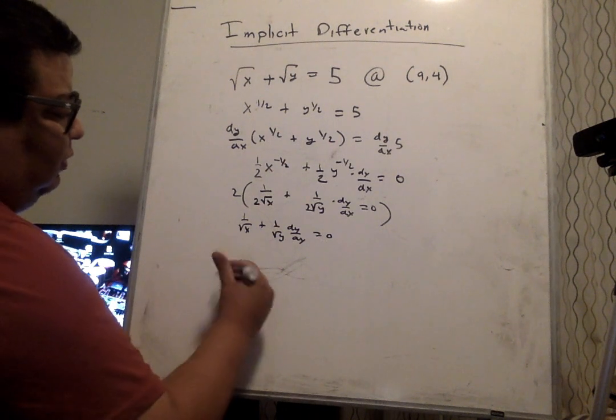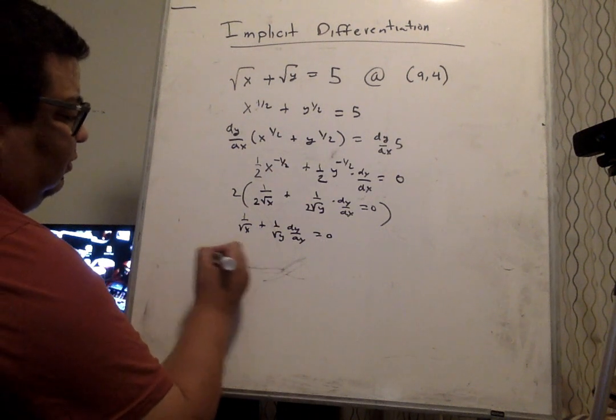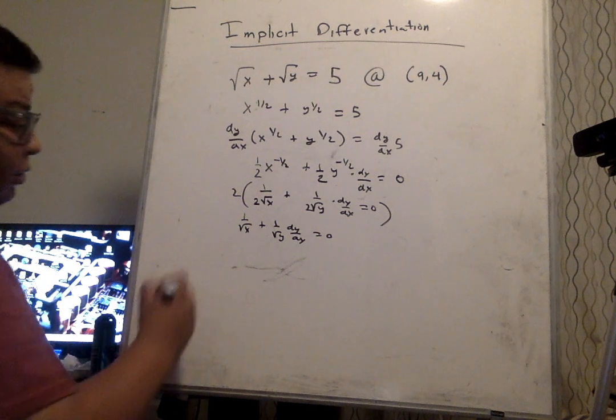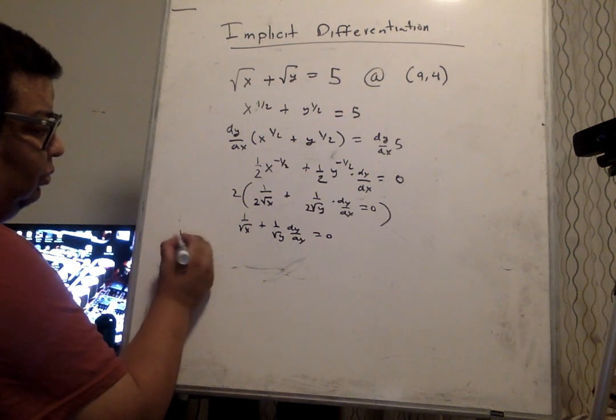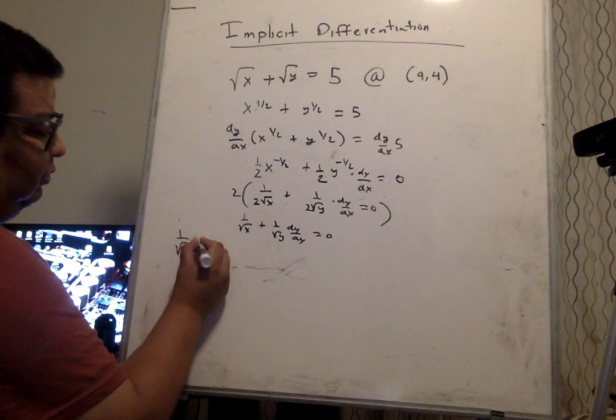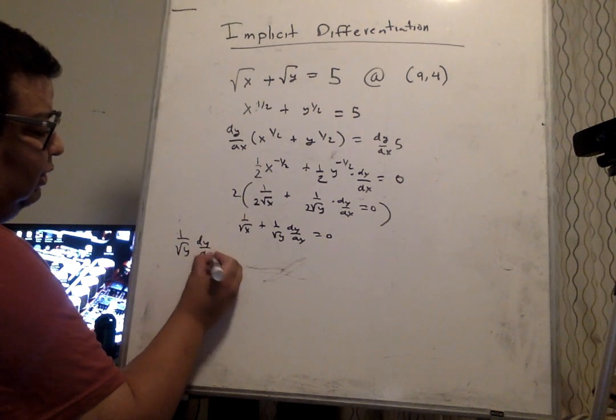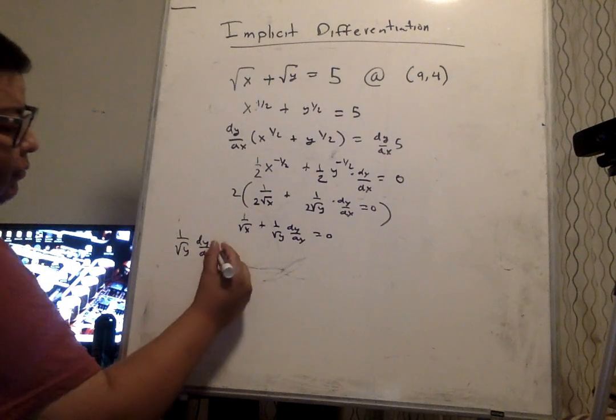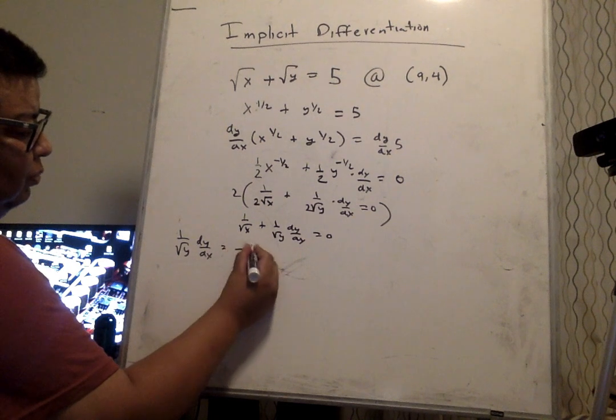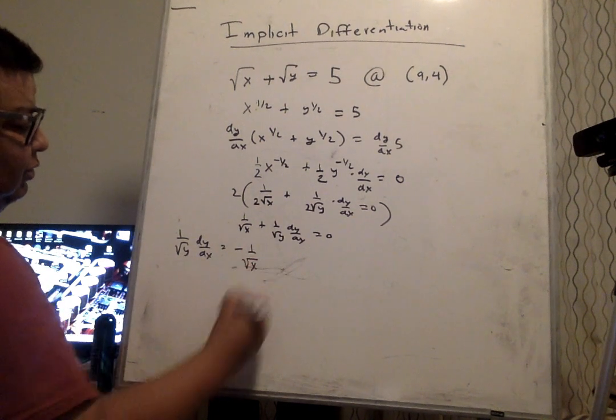Now we move this one to the other side, so that will be 1 over square root of y times dy/dx equals minus 1 over square root of x.